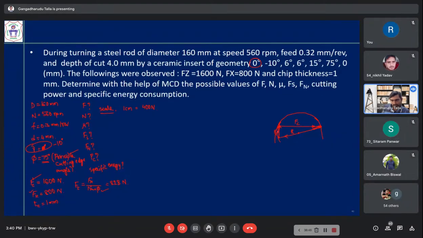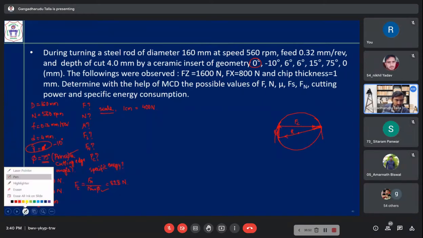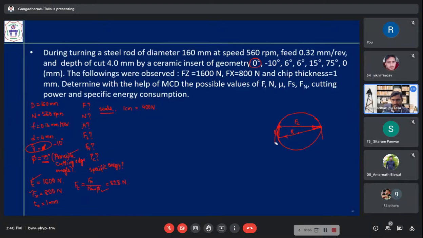That circle will definitely pass through these points. Now take this angle and draw a line with minus 10 degree in this direction.